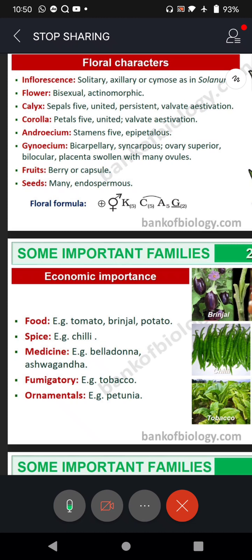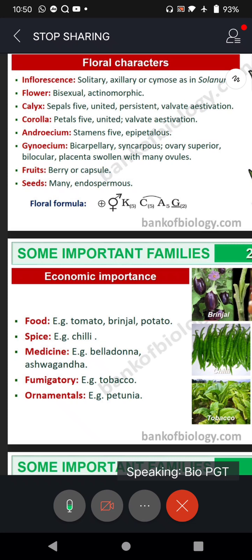And endosperm, yesterday I told you, is the nutritive tissue for the developing embryo. I hope I have made it clear, Raghavendra. Yes, sir. Endosperm is nutritive tissue present inside the seed that helps the growing embryo. Who will give food, Raghavendra, for the embryo? It is the endosperm. Okay. So, how do you write?